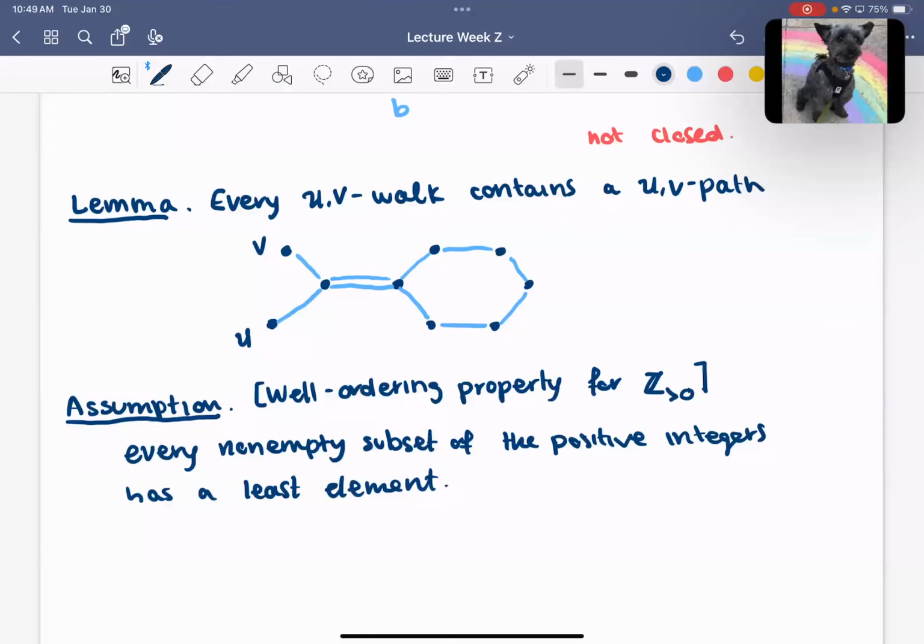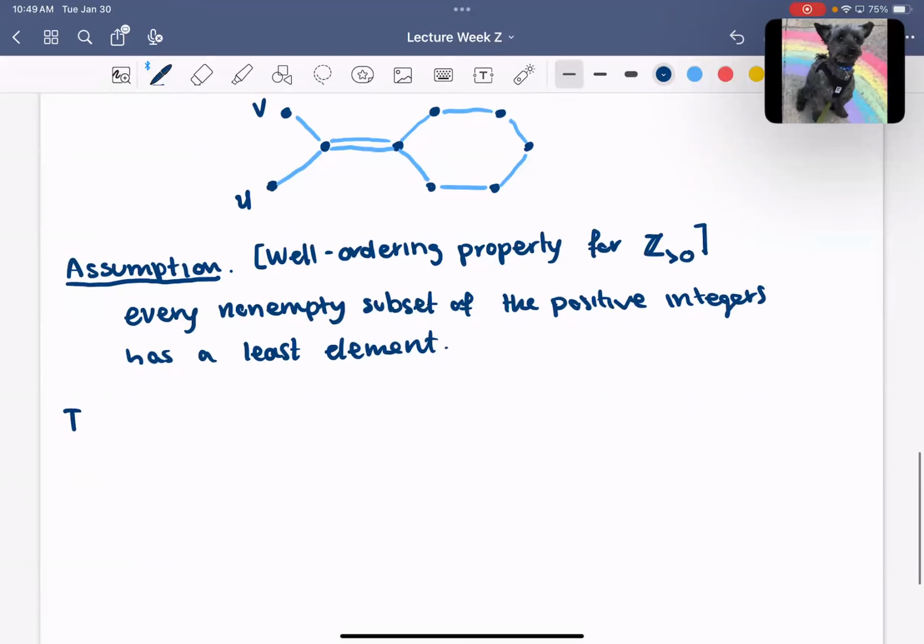Okay, so now I'm going to write down a theorem, which is called the strong principle of induction. And then I'll explain how that theorem gives us a recipe for proving statements, and then I'll prove the theorem. So here's what the theorem says.